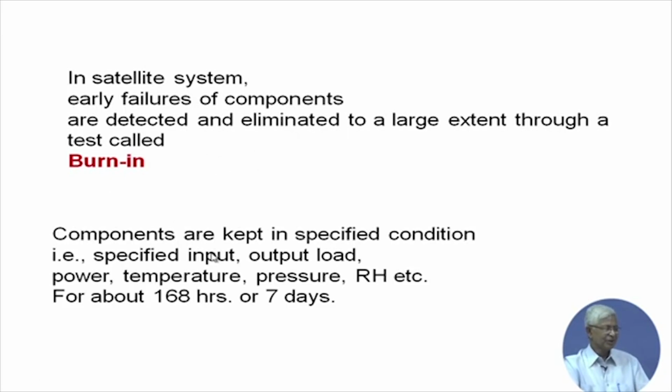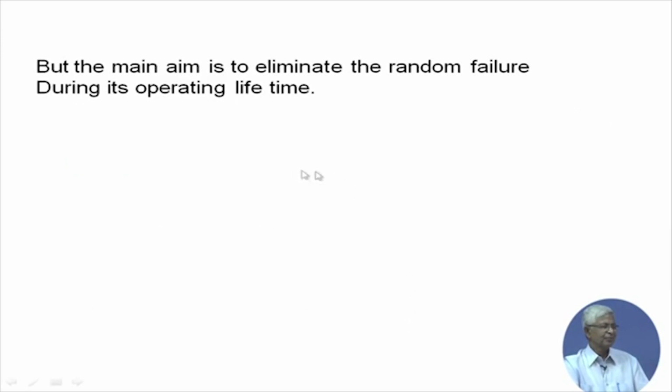That means you keep it on for 168 hours, or roughly 7 days, with a specified input, output load, power, temperature, pressure, relative humidity, etc. So, if it is supposed to fail in the infant condition, it will fail there. Components and subsystems which pass this are taken for the satellite fabrication.